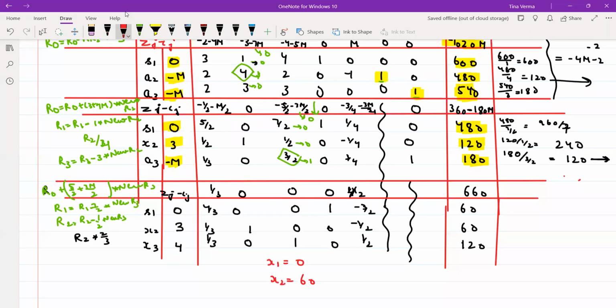X2 is 60 and X3 is your 120. This is the optimal solution. And the optimal value, that is my 660. Is it clear?